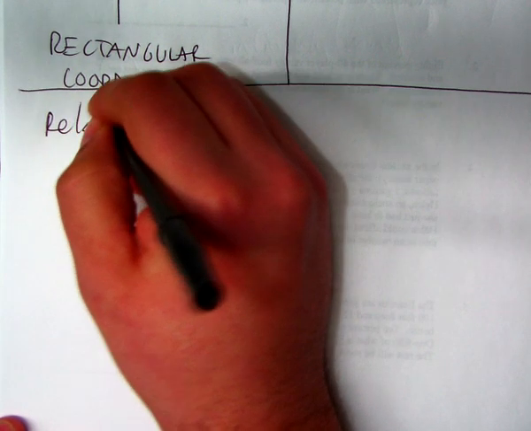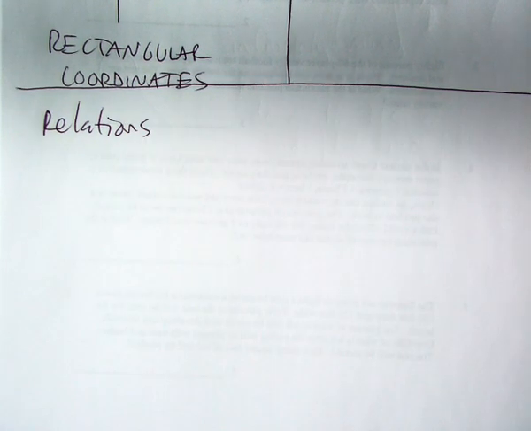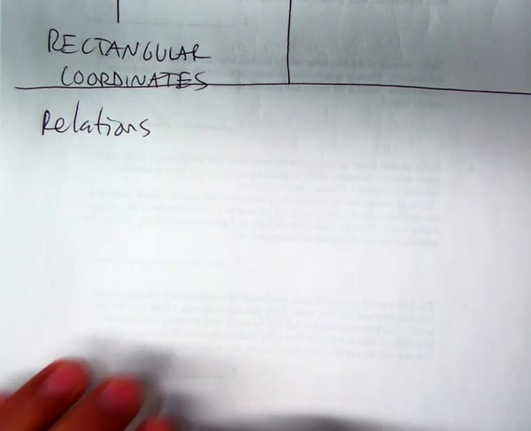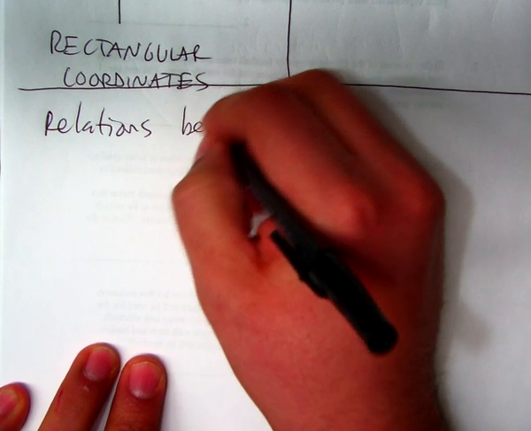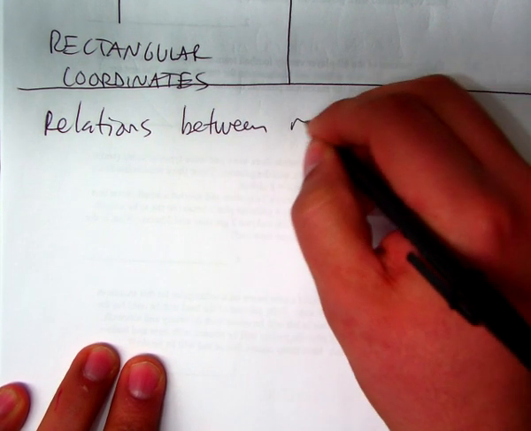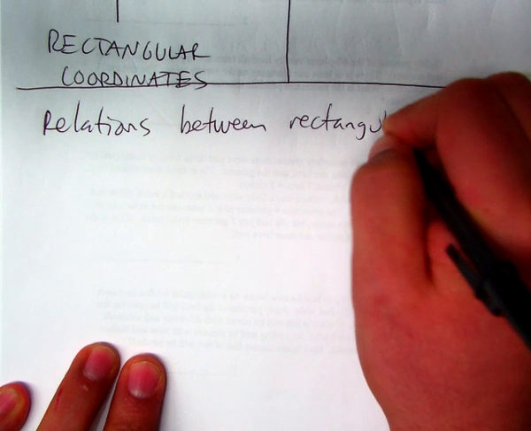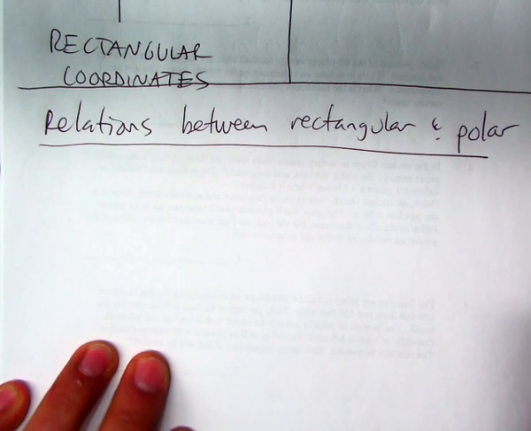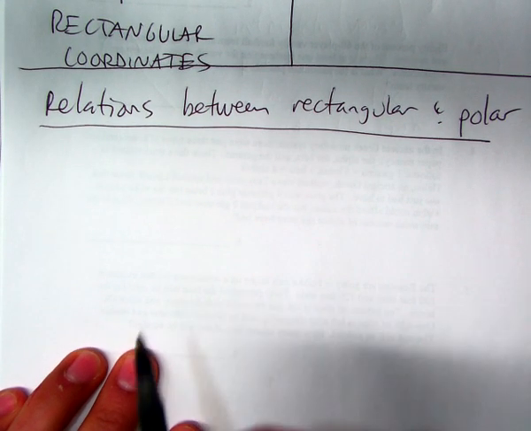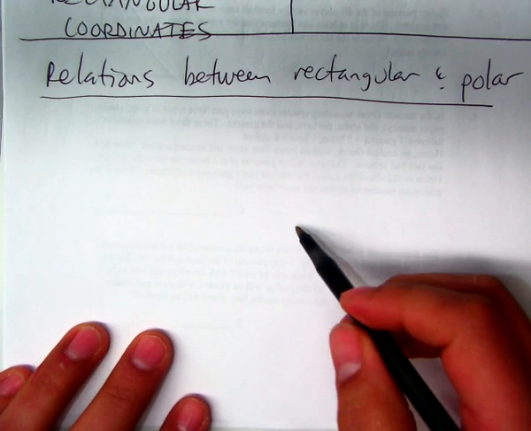Before we start seeing how these can be converted from one to the other, let's look at the relations between rectangular and polar. Stay away from your polar paper; we'll just use notes here in your notebooks.